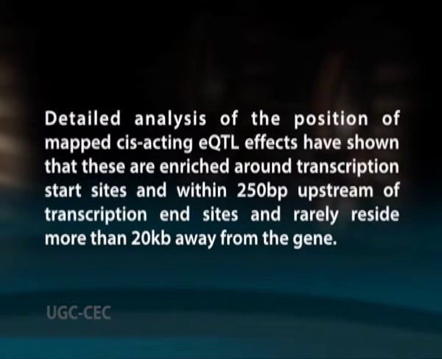Detailed analysis of the position of mapped cis acting eQTL effects has shown that these are enriched around transcription start sites and within 250 base pairs upstream of transcription end sites, and rarely reside more than 20 kb away from the gene. Cis acting variants also appear to occur more often in exonic SNPs.